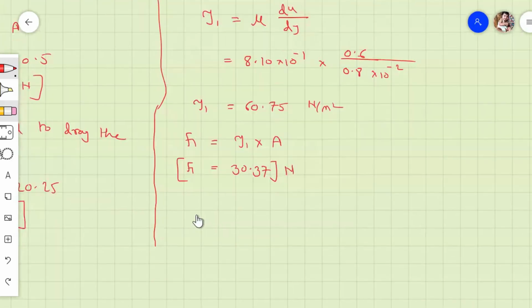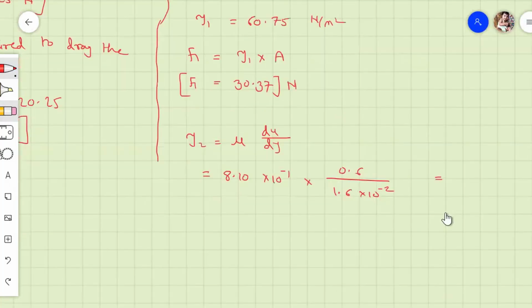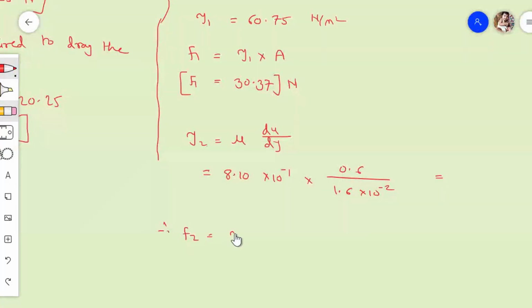Similarly, I have to find out from the down side of the plate. So tau 2 is equal to mu du by dy again. So 8.10 into 10 raised to minus 1 into du is the same 0.6, and this will be 1.6 into 10 raised to minus 2. Tell me tau 2. 30.375.